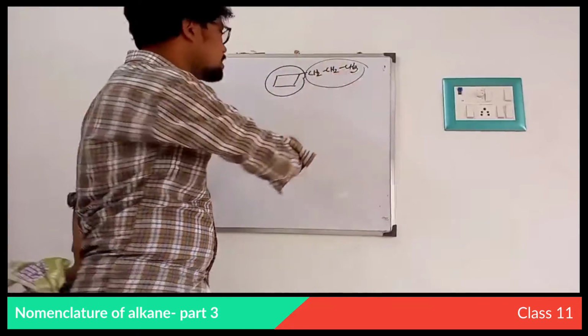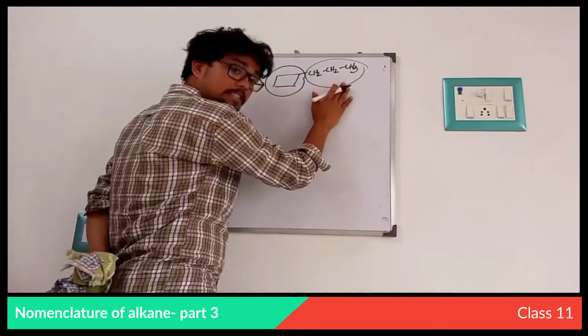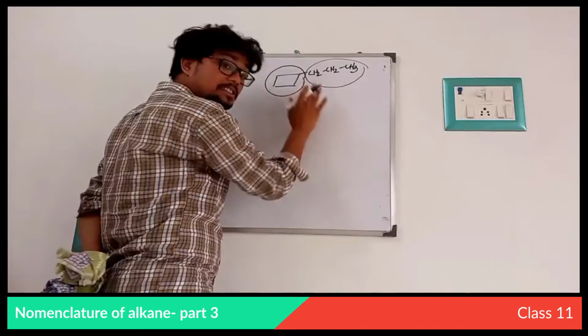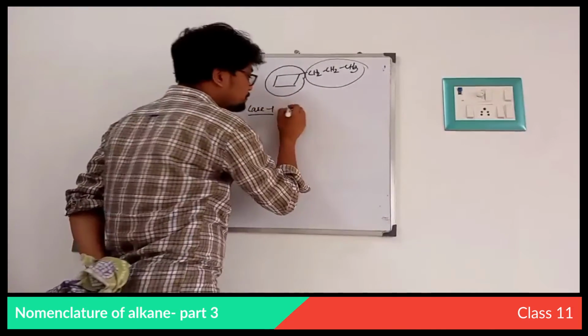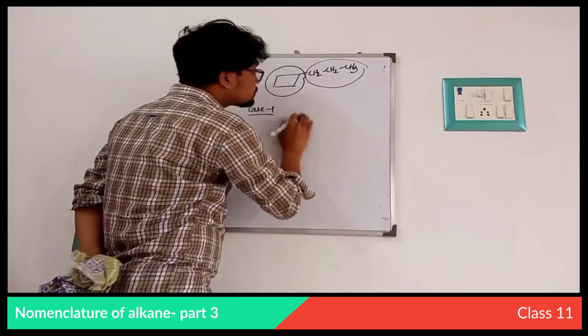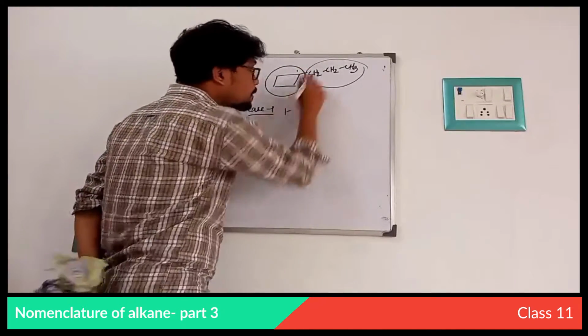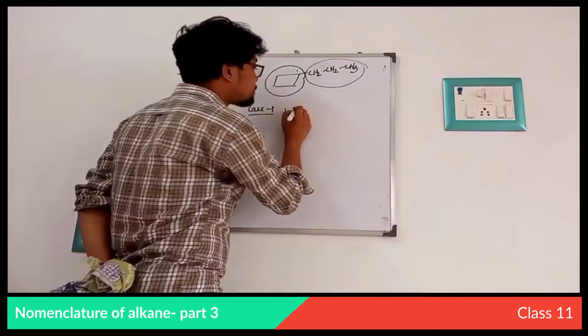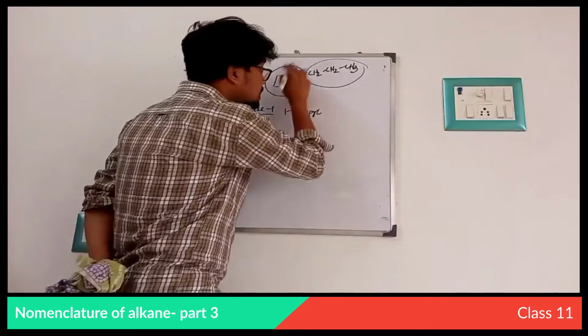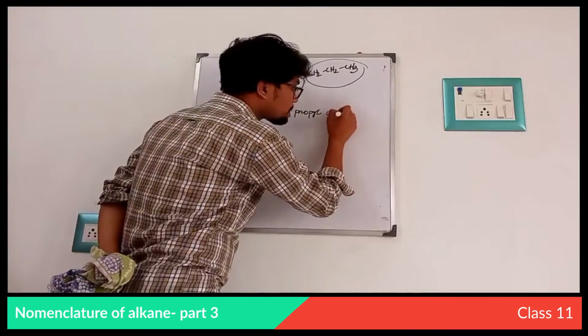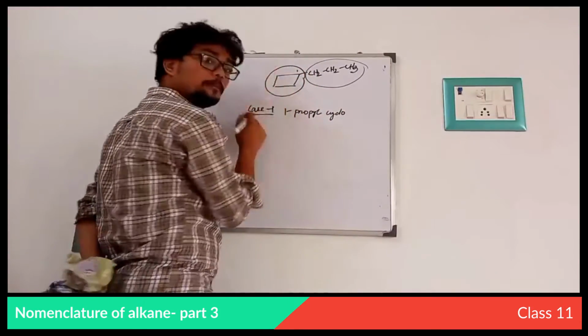Okay, if this is our prefix secondary, that means substituent, then what is the IUPAC nomenclature? This one. 1, 2, 3, 4, alkyl, propyl, cyclo, 1, 2, 3, 4, butane.